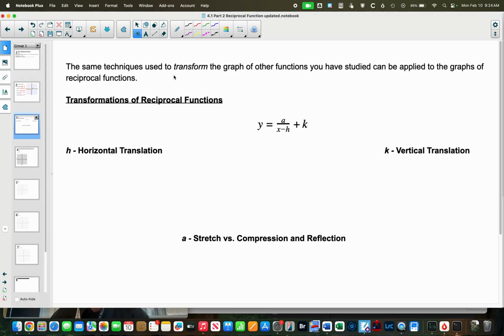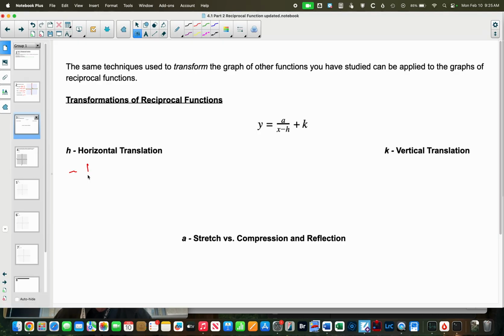The same techniques used to transform the graph of other functions can be applied to reciprocal functions and all other functions, as when we taught it. So this a here is going to be a stretch. Like if a is 3, then it's going to be stretched by 3. Or a compression if it's less than 1, like a half. If I directly add or subtract to x, it's going to move it left or right.